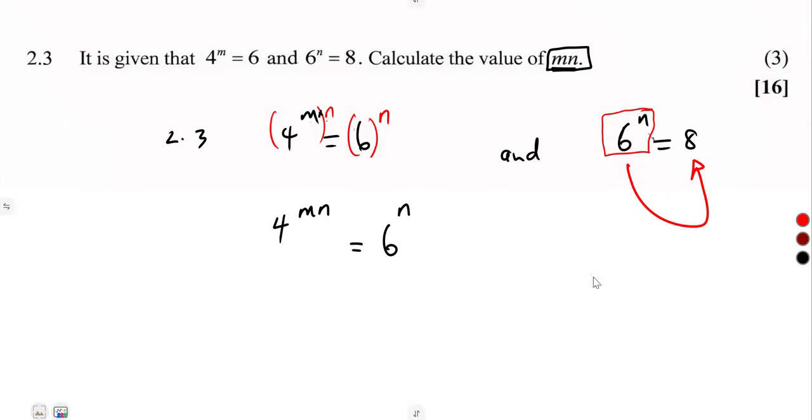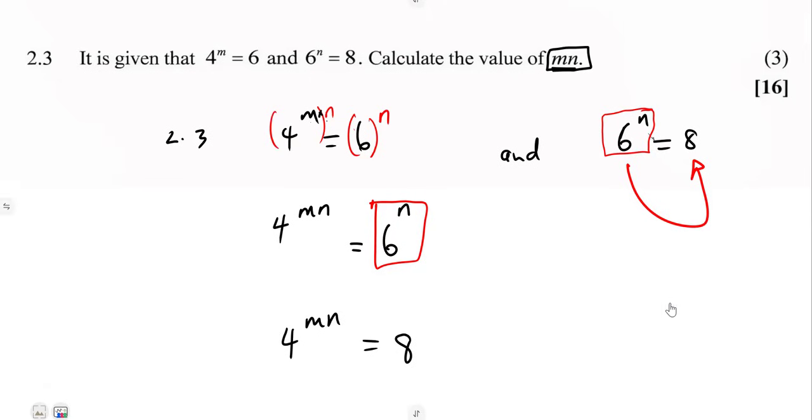So in place of 6 to the exponent of n, we can replace it with its numerical value, which is 8. This is easier now for us to solve for mn. All right, it is easier.